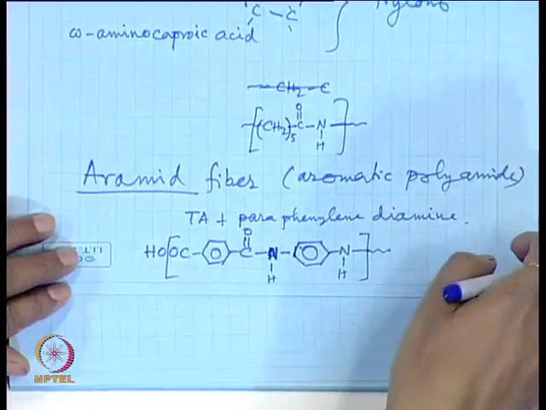These are high temperature polyamides, aromatic polyamides. Okay. And polyimides, these are polyamides. Polyimides are further stronger polymers, heat resistant polymers, thermostable polymers.